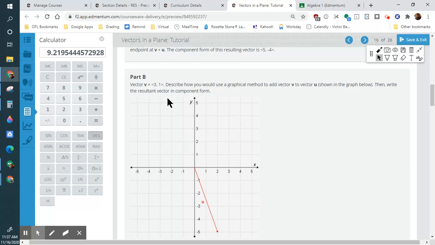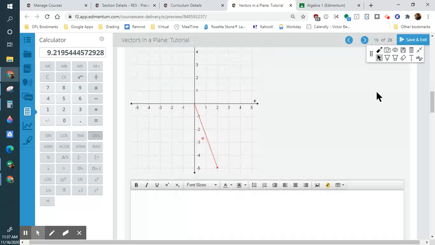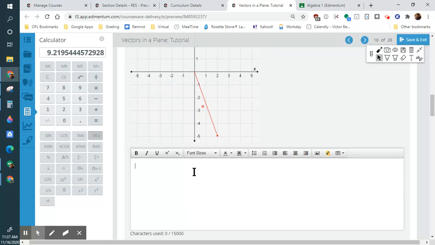All right. So now this is our vector. Describe how you would use graphical notation to add the vectors. All right, so again, this time it's at the end of U. So I would start at the terminal point, meaning the end, of vector U, and move.